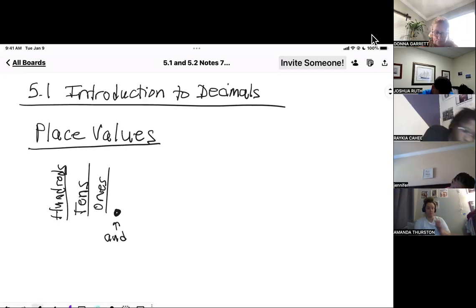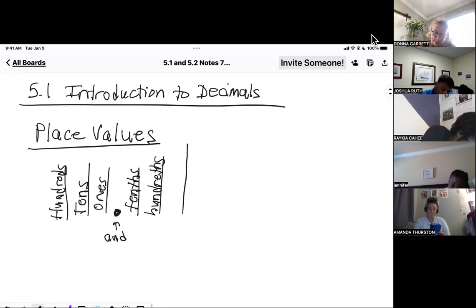After the decimal, we have the tenths. We have the hundredths. We have the thousandths. We have the 10,000ths.